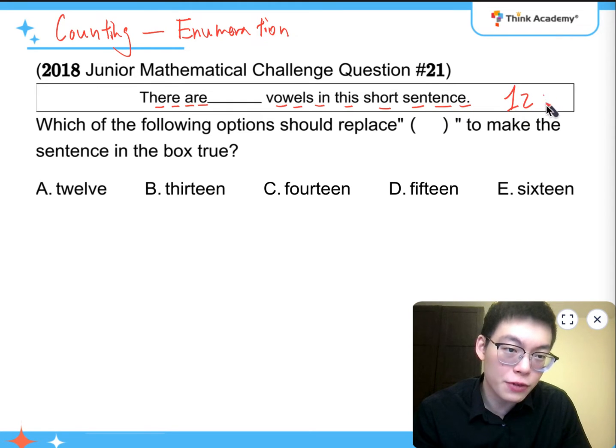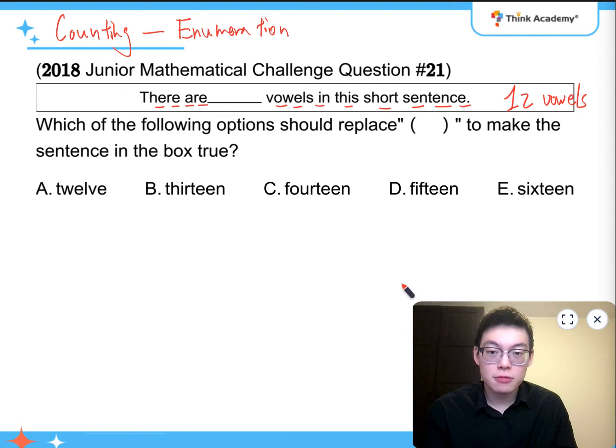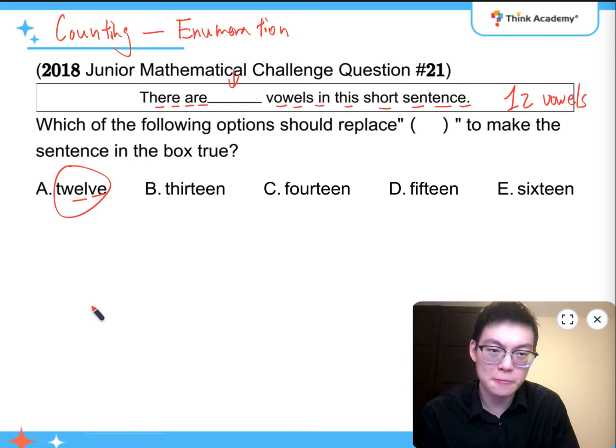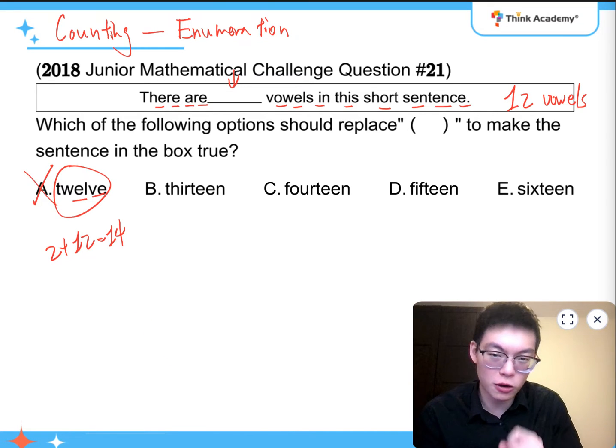And there are 12 of them, right? And is the answer 12? Definitely not, because when 12 is put into that box, there will be 2 more vowels, right? Which means that there's going to be 2 adding 12, which is 14 vowels now, which means 12 is wrong.